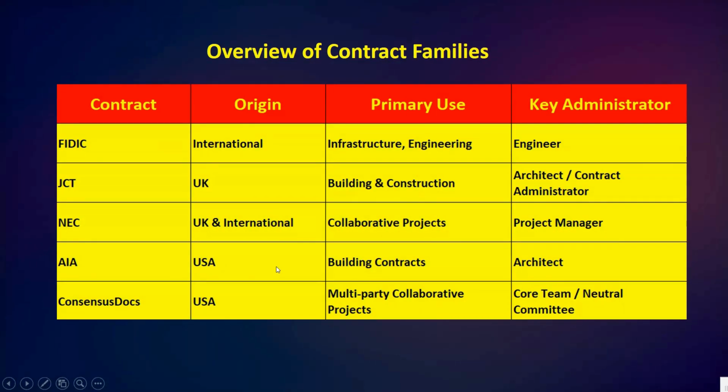AIA is from the USA and is mainly for building projects, with the architect administering the contract. Last, we have ConsensusDocs, also from the USA, but it's a newer, more collaborative form that encourages teamwork. The core team or a neutral committee manages it. So every form has its own origin, main use, and administrator. I hope this is clear.